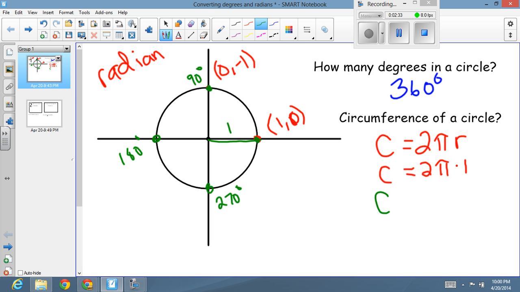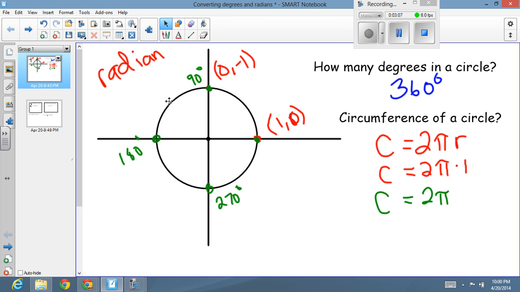So in this case, my circumference is just equal to 2 pi. Alright, so if I want to look at this circle not as a matter of degrees, but as a matter of length, the length of the circle, starting at this point and once again going all the way around, is a circumference of 2 pi.